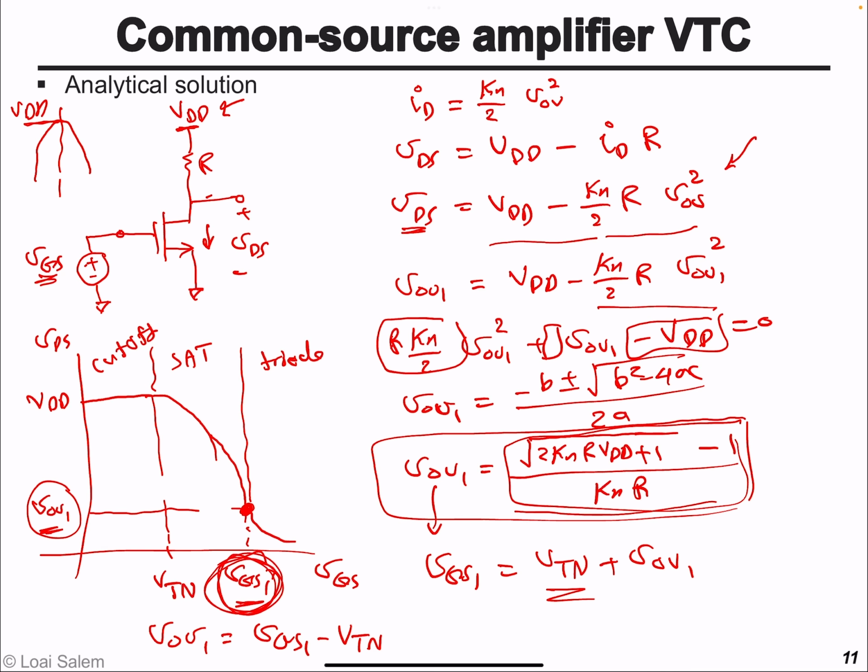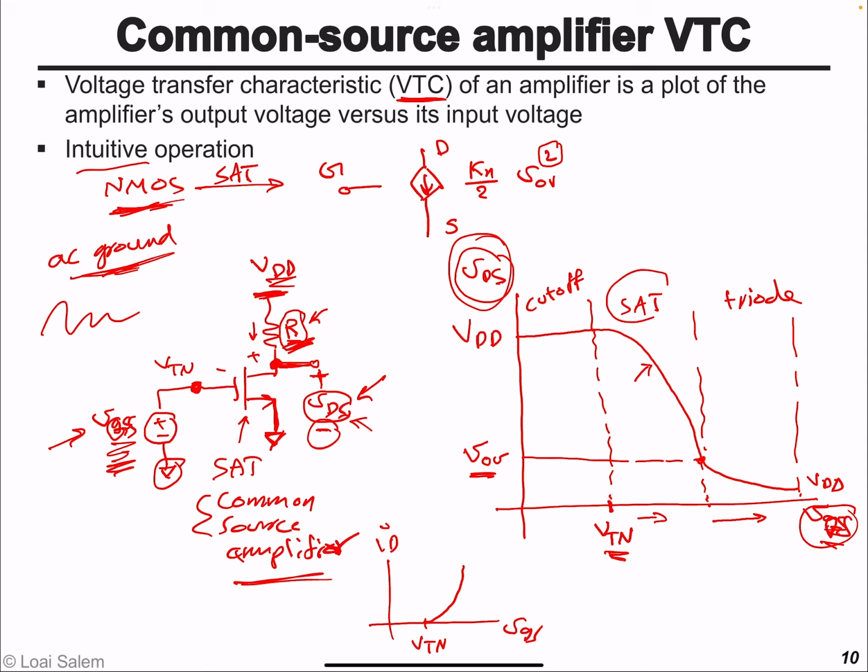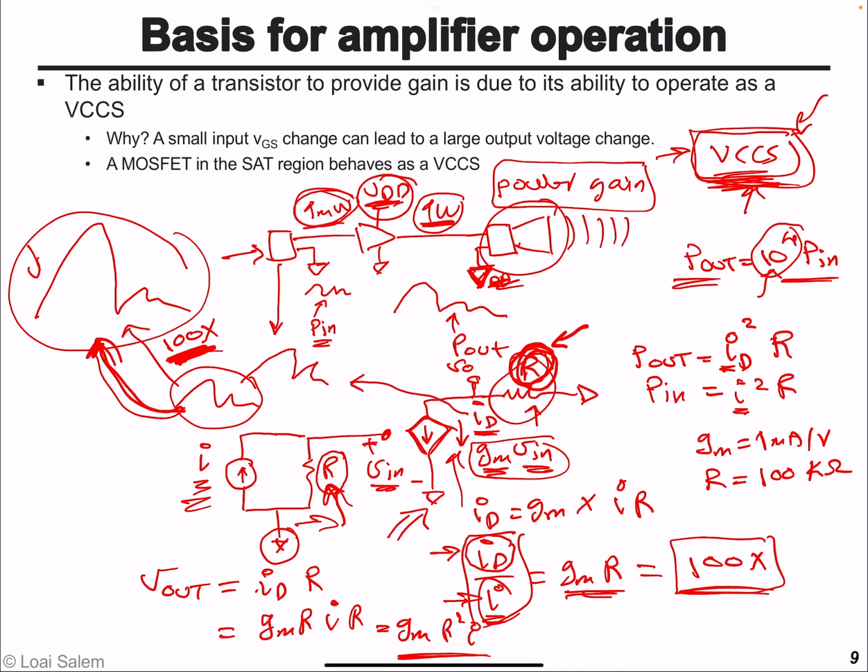One important point that I would like to clarify is that the saturation region is the region where we use the transistor to amplify the input signal, and that's something I mentioned before. We said that the secret for a circuit to be able to provide power gain and act as an amplifier is its ability to operate as a voltage controlled current source.